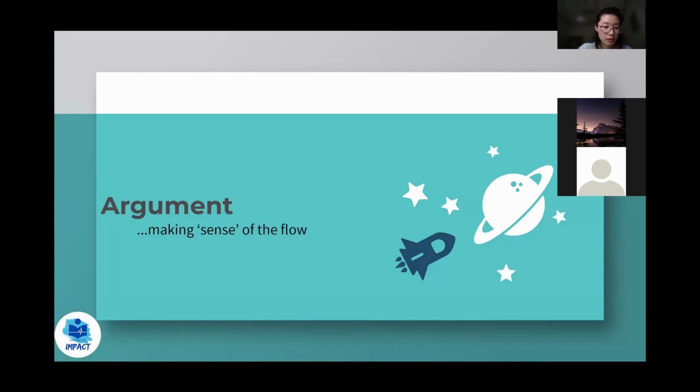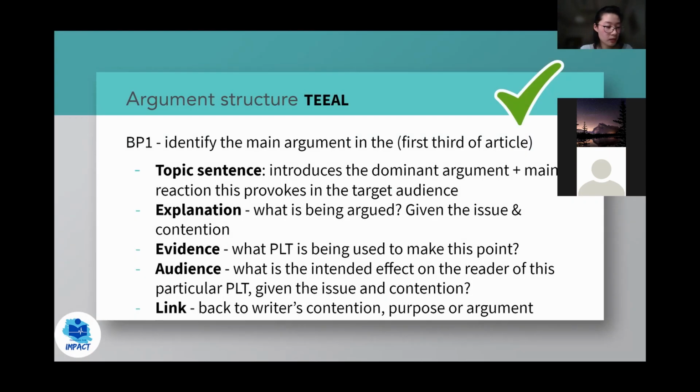So we are flying through this, and we are up to talking about how we're constructing the argument now. I'm talking here about analyzing just one article rather than comparing articles.